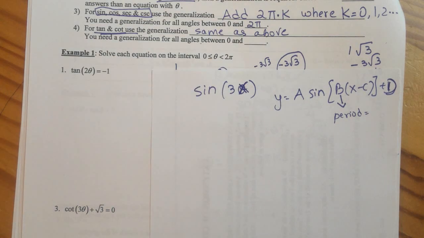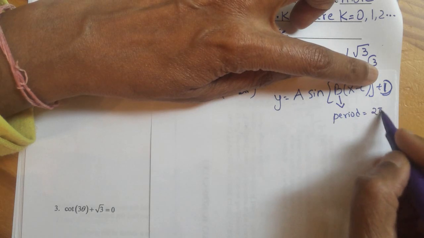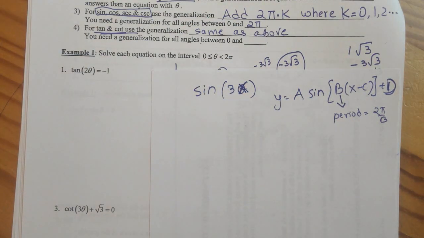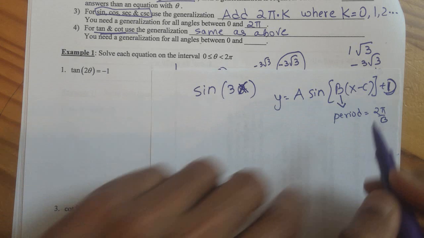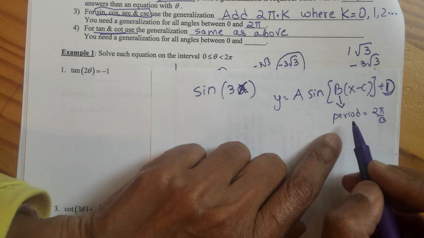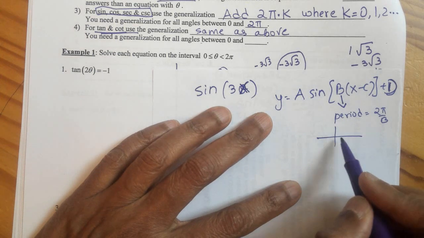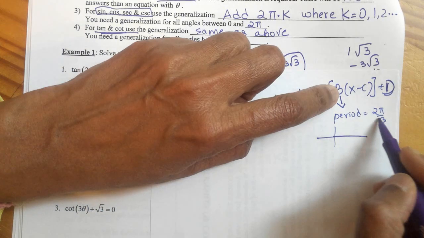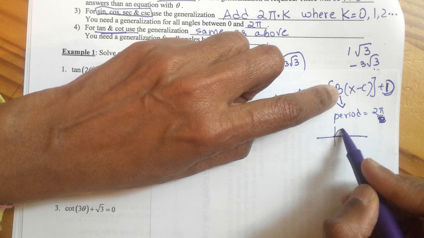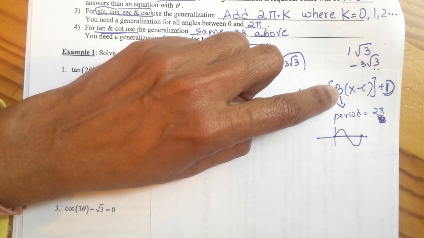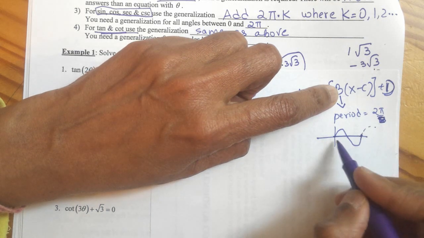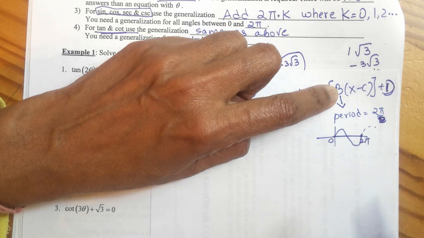And what do we know about the period? What do we mean by the period of a wave? The formula was 2 pi by b, but more importantly, what does the period tell you? The period tells you whether the wave is compressed or elongated. So if b is 1, my wavelength is going to be 2 pi, so 0 to 2 pi. So this is 0 and this is 2 pi.